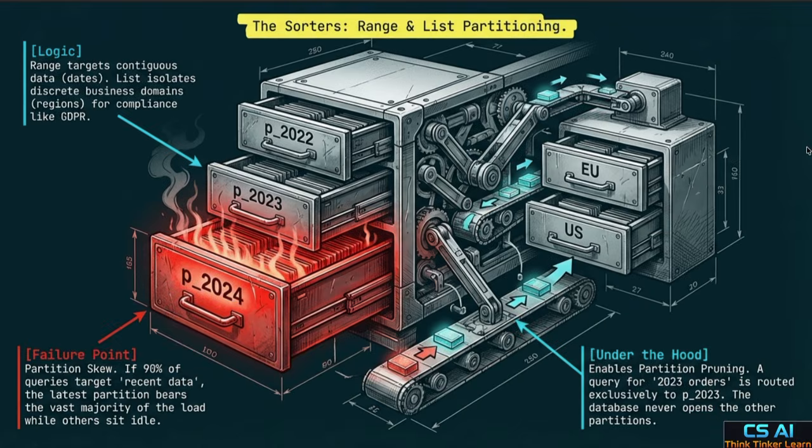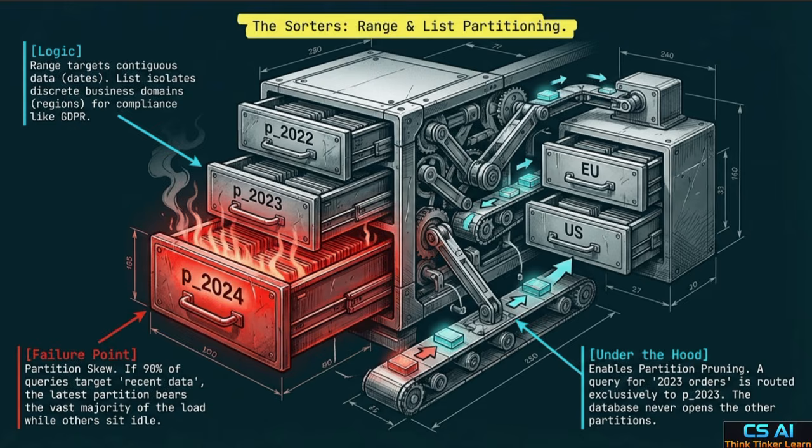Let's explore the sorters. Range targets continuous data like dates, making it ideal for time series logs, as seen with P 2022, P 2023, and P 2024. List isolates discrete business domain regions for compliance like GDPR, as shown in the EU and the US partitions. Under the hood, partitioning enables partition pruning.